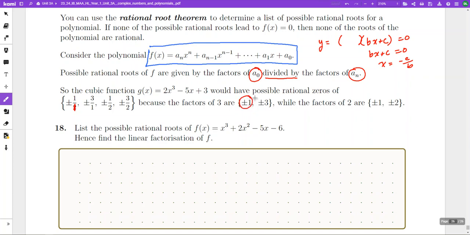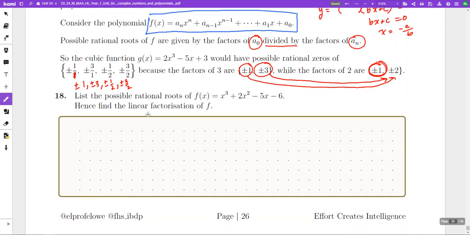So I'm going to have plus or minus 1 all over plus or minus 1, plus or minus 3 over plus or minus 1. Then I'm going to have plus or minus 1 all over plus or minus 2, and plus or minus 3 all over plus or minus 2. So my possibilities, once again, are plus or minus 1, plus or minus 3, plus or minus 1 half, plus or minus 3 halves. Those are my only possible rational roots.